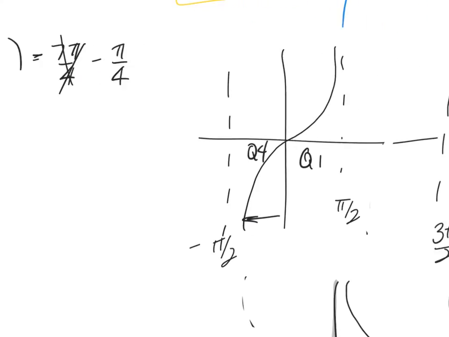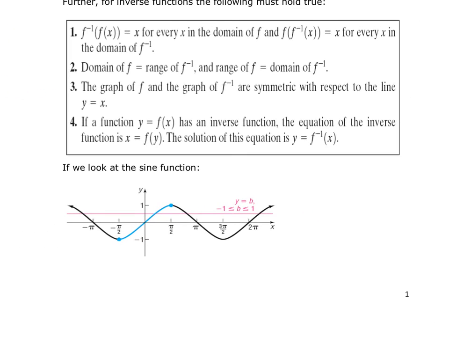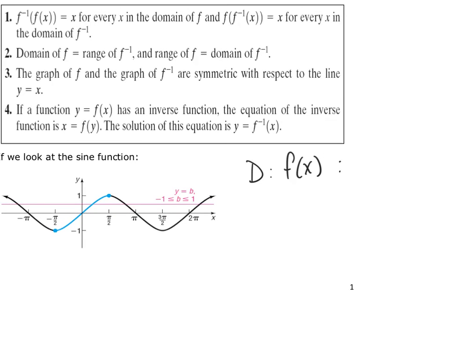So let's actually give you the definitions and all the stuff that goes with it. So we all know where we cut it between negative pi halves and pi halves for the sine function. What we know is that our domains become ranges and our ranges become domains. So the domain of my original function f of x is going to be, I'm going to cut it between negative pi halves to pi halves.